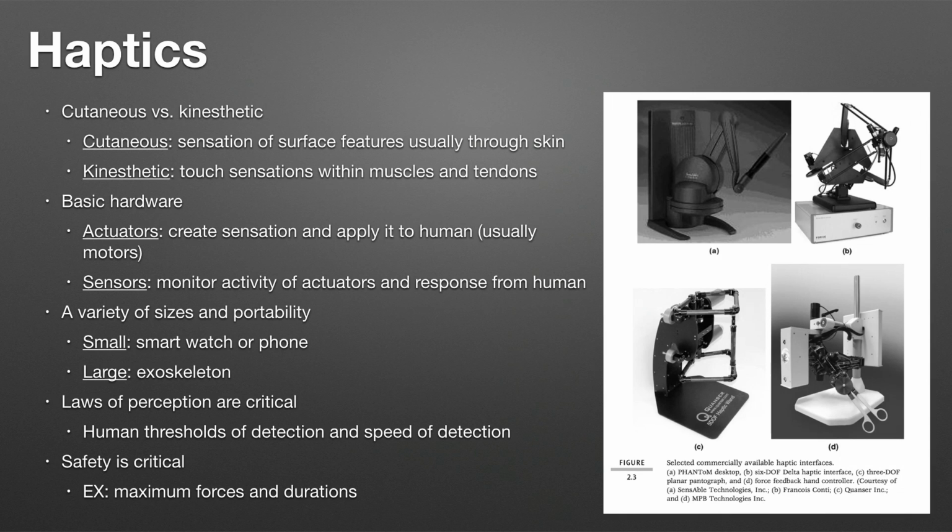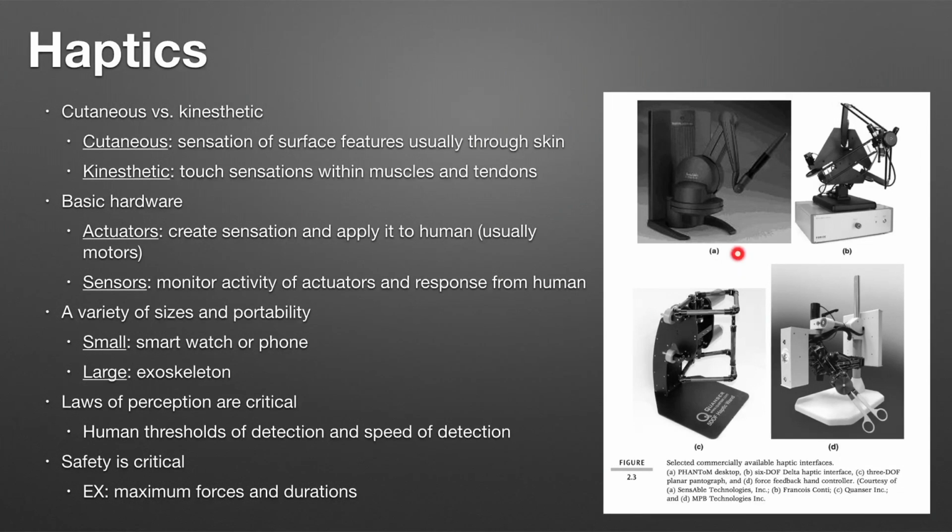And in a lot of cases, we want to think about safety, depending on the strength of our haptic device. We want to remember that humans can be fatigued, injured, and things like that when they start to physically interact with these devices. So you always want to consider that.